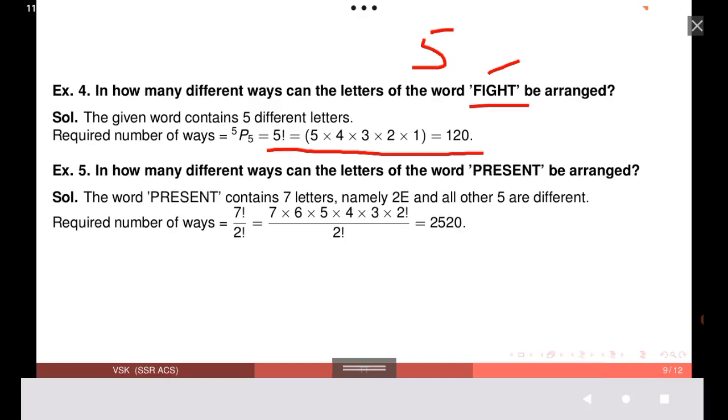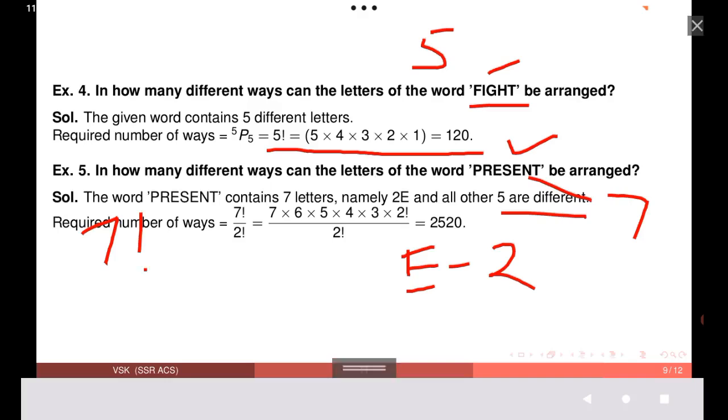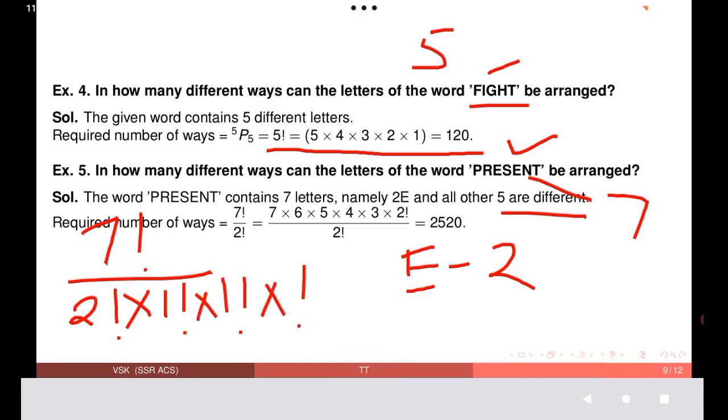Now in the second example, in how many different ways can the letters of the word PRESET be arranged? Here you can see there are a total of 7 letters, and the E is repeated 2 times, and all the other 5 are different letters. So by using our formula, the answer will be factorial 7 divided by factorial 2, since E is repeated 2 times, into factorial 1 into factorial 1 into factorial 1 into factorial 1 into factorial 1, since the others are each repeated 1 time.